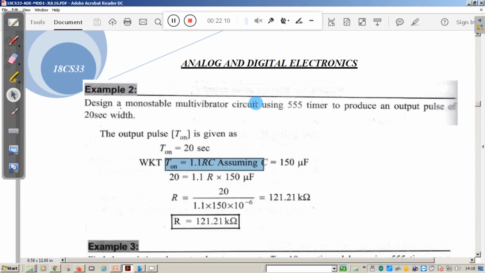R is not given and C is not given, so we need to assume a value of C. Let's assume C = 150 microfarad. Since T is 20 seconds, substituting the values, you will get R = 121 kilo ohm.